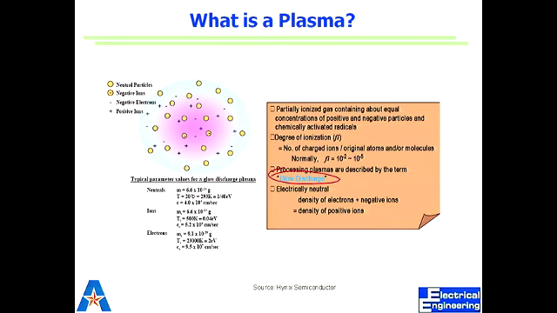So plasma is just partially ionized gas, and the degree of ionization, because I said it's partially ionized, so there would be some of the molecules that get ionized. The degree of ionization for any plasma is always equal to the number of charged ions divided by the total number of molecules. That is, what percent of the molecules have been ionized.